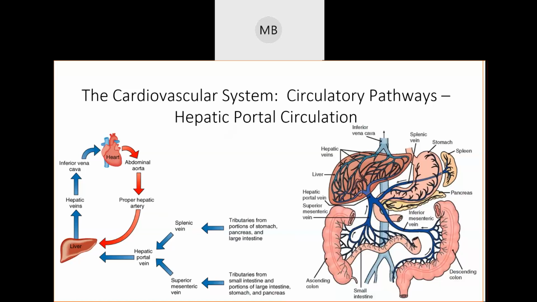You also, though, have a large vein called the hepatic portal vein. Because your liver's job is to filter blood coming from the intestines to make sure with the nutrients you just absorbed, you didn't also absorb poison, right? Because some poisons are tricky, and your liver is your body's poison control center and filter.